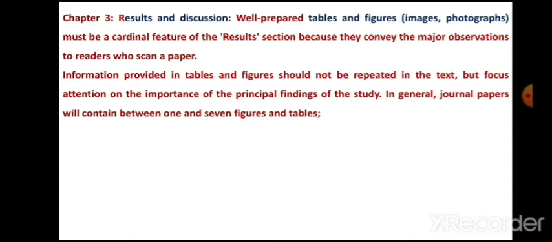So there should not be repetition. Whatever you describe in the text should focus attention on the importance of the principal findings of the study. In general, journal papers will contain between 1 and 7 figures and tables. This is about the journal paper. It is not applicable for your project work.